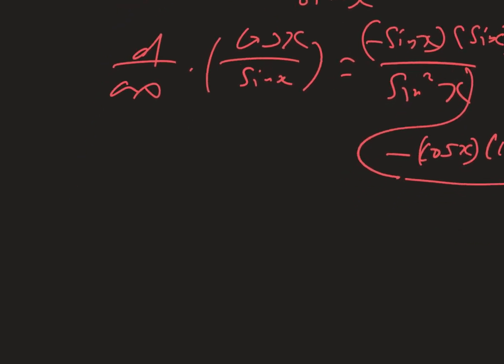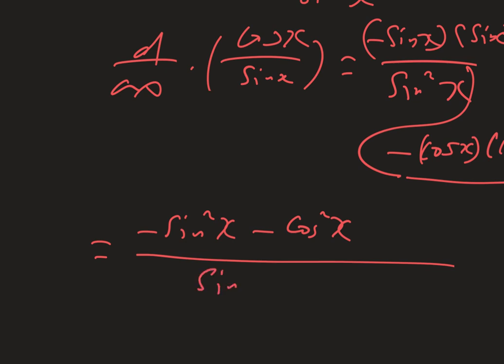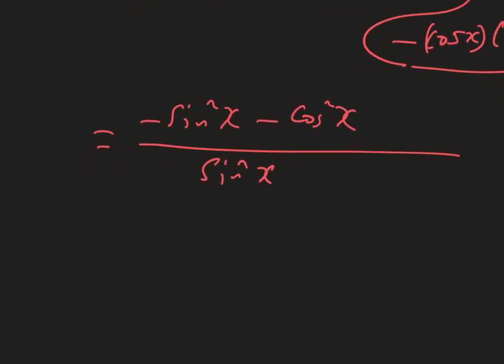Okay, so ultimately you get minus sine x squared minus cosine x squared divided by sine x squared at the bottom.